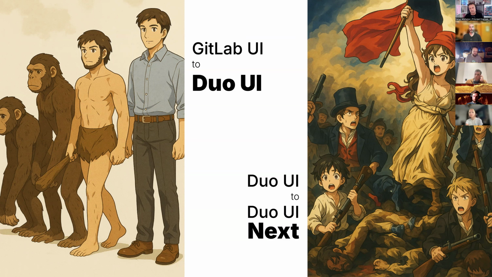At least that's what we have to do, because all of the cons for Duo UI that I mentioned will bite us really hard later this year when we are moving to GA with the Duo Agentic Platform, and we have to do something about those points. So we have to revolutionize the approach that we have here.